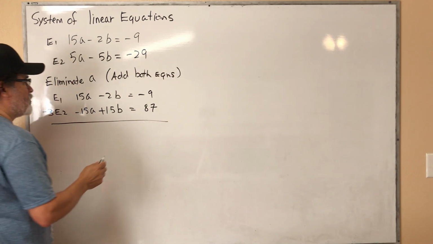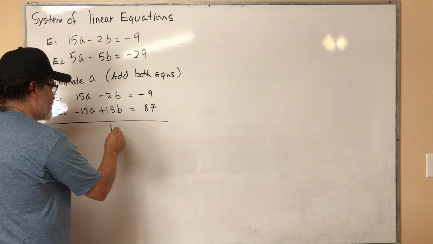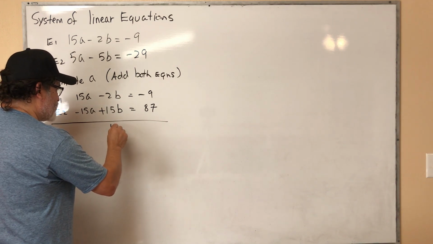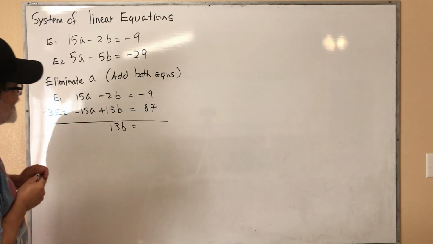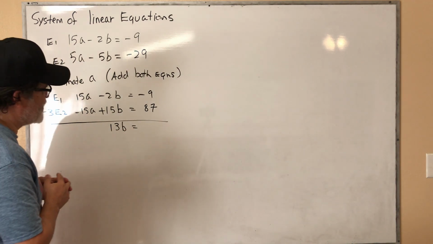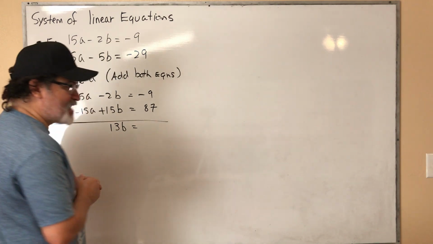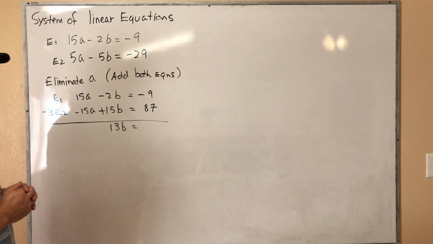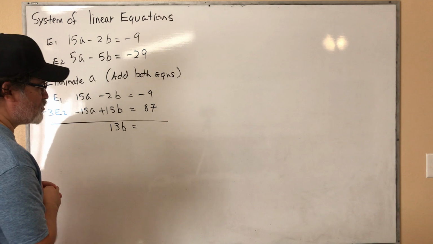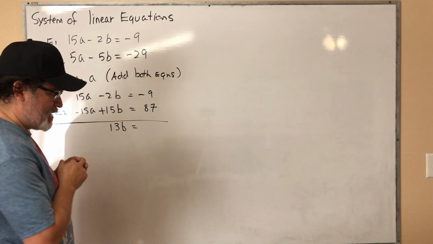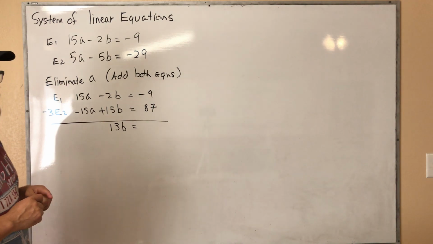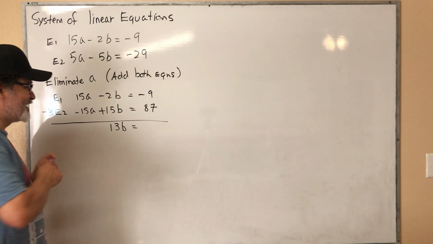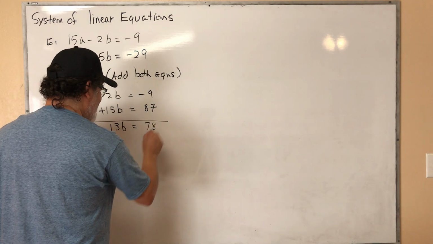What is this? 0, and what is this? 13b equals, let me see, 87 minus 9. Okay, 80, and then 2 more. 87 minus 9 is gonna be, is that 78? 78.